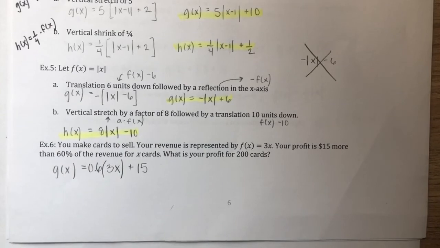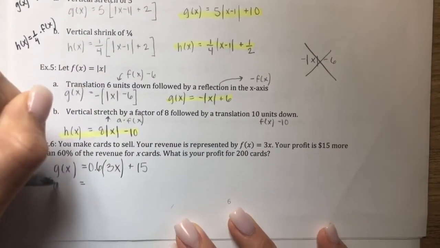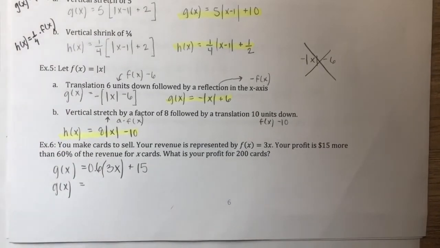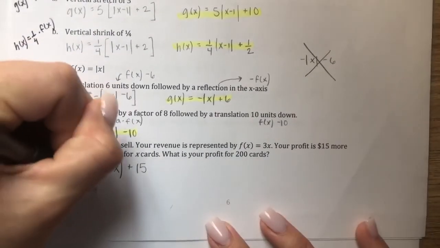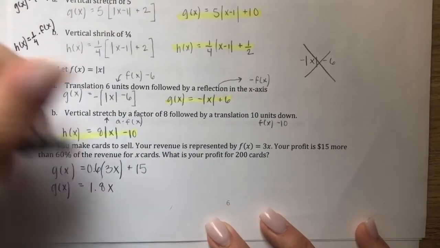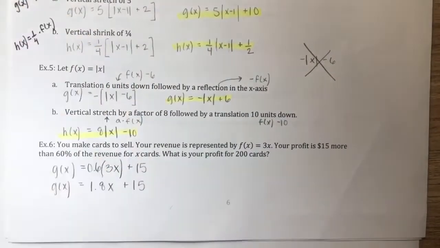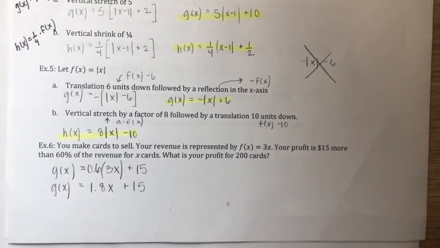So before we evaluate that at 200, we can go ahead and simplify it. 0.6 times 3x becomes 1.8x plus 15. And now that it's simplified, we can evaluate it at 200 cards.